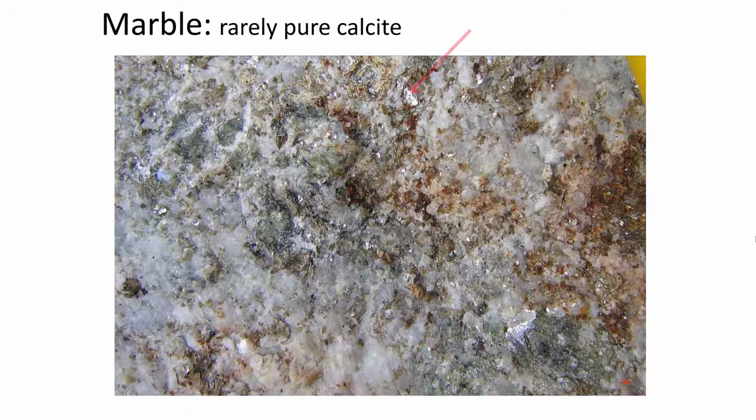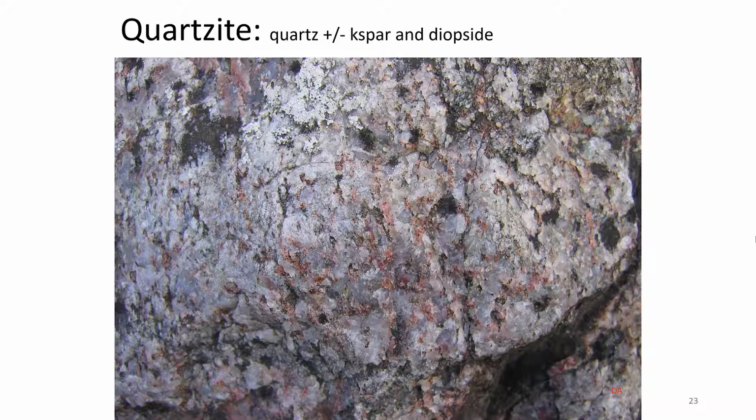So again, you can see the flakes of mica embedded in the rock, and there is still quartz present in this rock as well. The sandstone with some dolomite results in a quartzite that has traces of potassium feldspar and diopside.